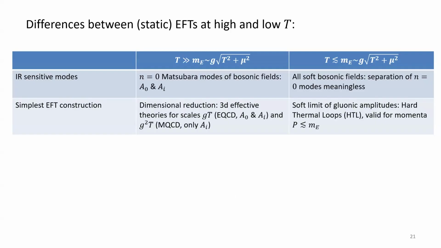Rather, what we end up doing is studying the low momentum or low energy limit of gluon 2-point functions, 3-point functions, 4-point functions, and then what we obtain after some relatively straightforward algebra is the so-called hard thermal loop, or HTL effective theory, which is basically a low energy effective theory for all bosonic modes, or gluonic modes in this case, that satisfy that the absolute value of the four-momentum is at most of the order of this Debye mass scale.